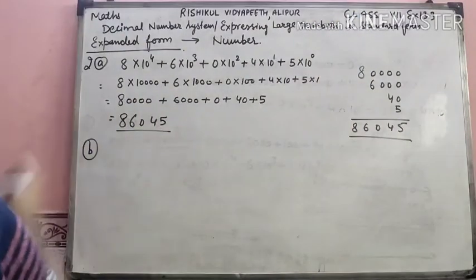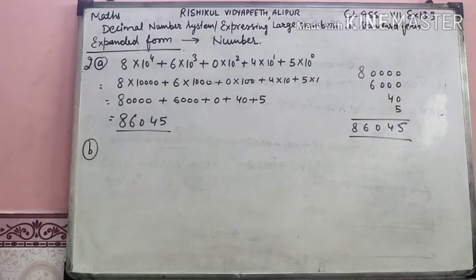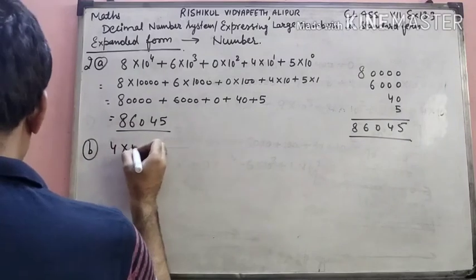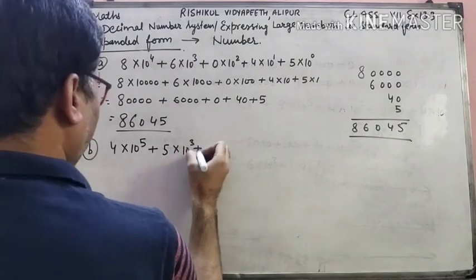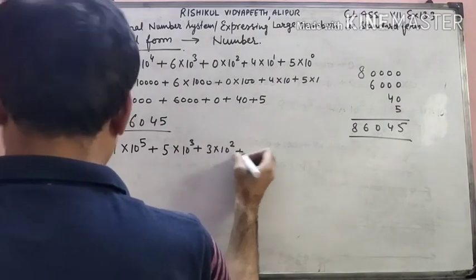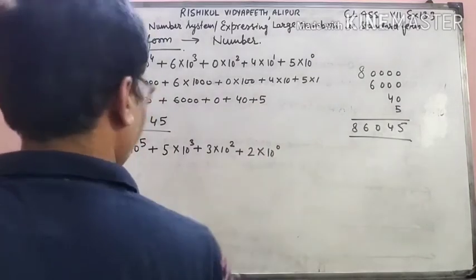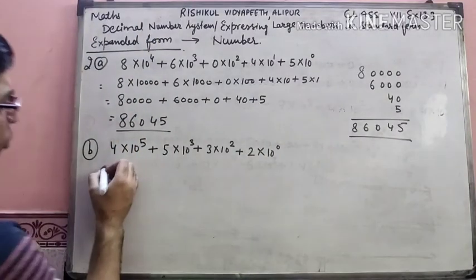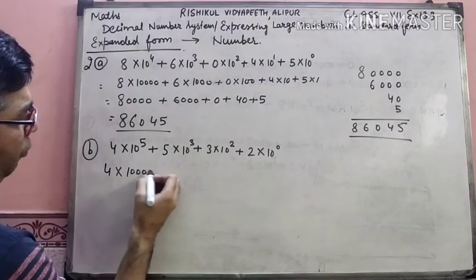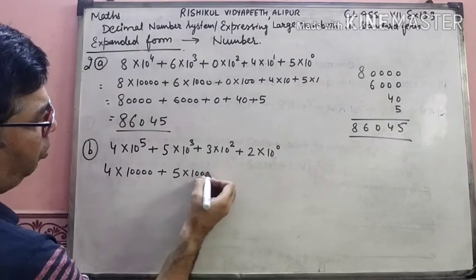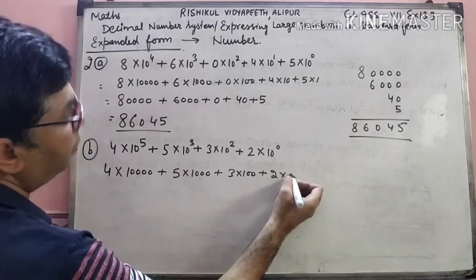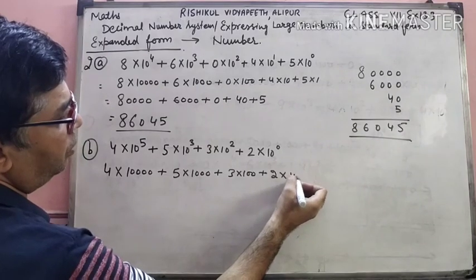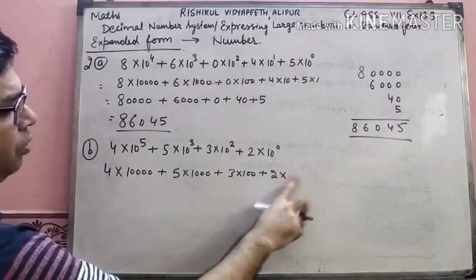And similarly, students, B part of this. What is given? You have given 4 into 10 raised to power 5, 5 into 10 raised to power 3, 3 into 10 raised to power 2, and 2 into 10 raised to power 0. How can we write it? 4 into 100000, 5 into 1000, 3 into 100, and 2 into 1.